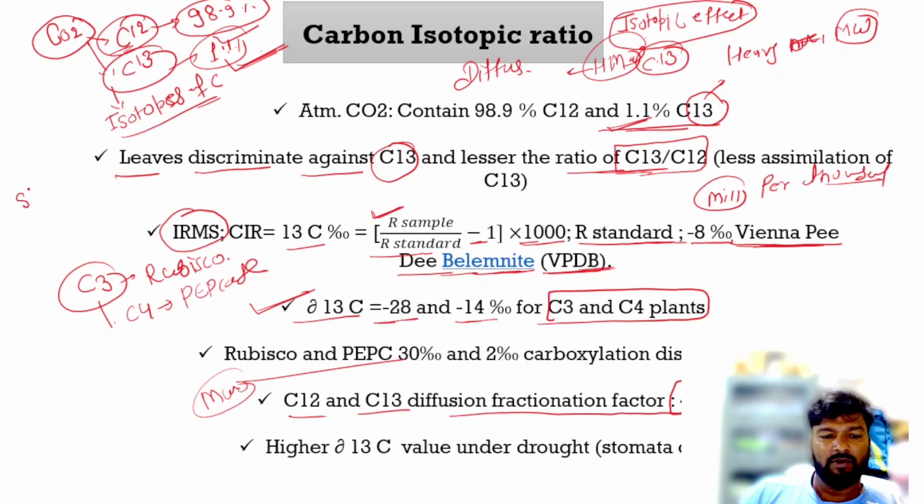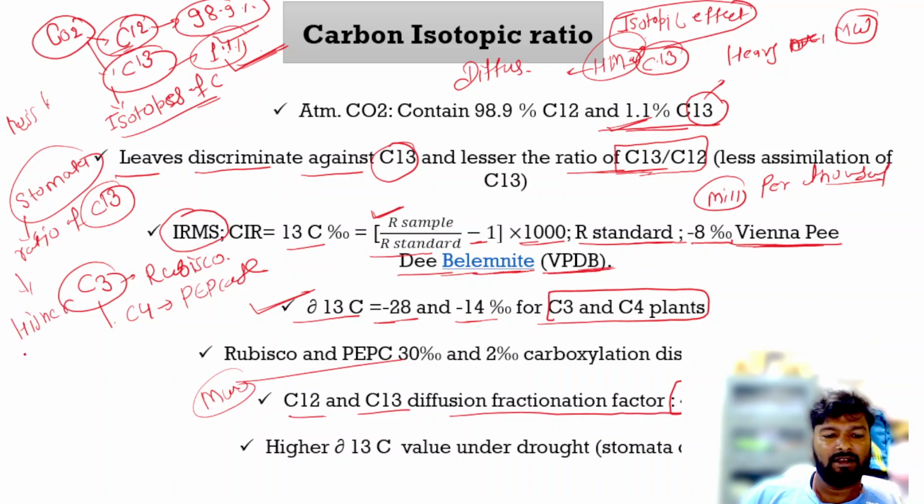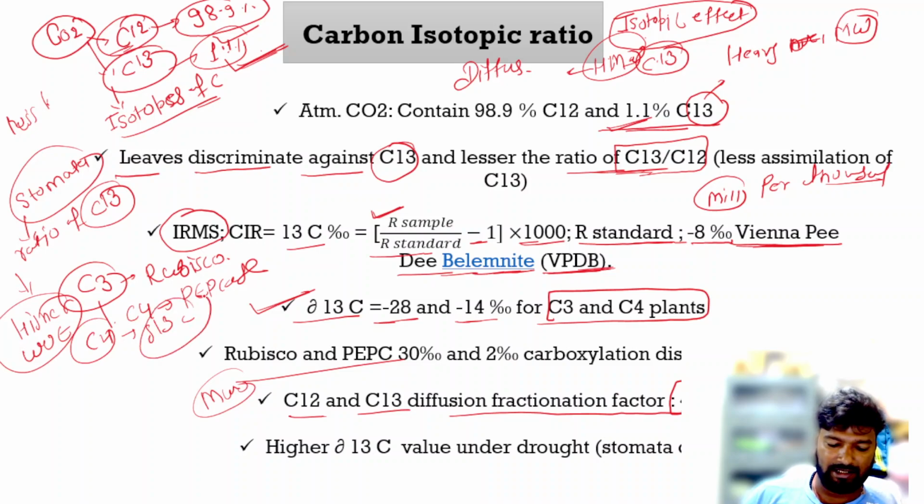So when you close the stomata, or there is less stomatal conductance, then the ratio of C13 increases, and it shows higher water use efficiency. That's why C4 plants have more delta 13C. Okay, so this is the method for long term measurement of water use efficiency.